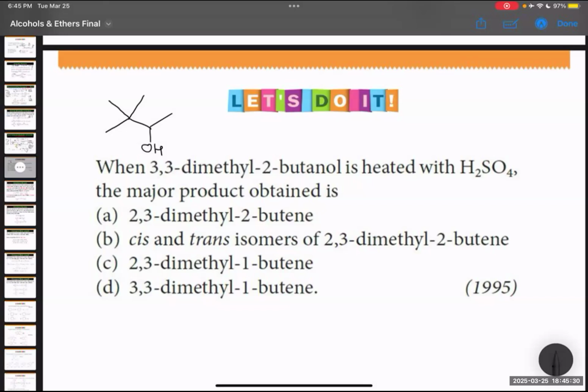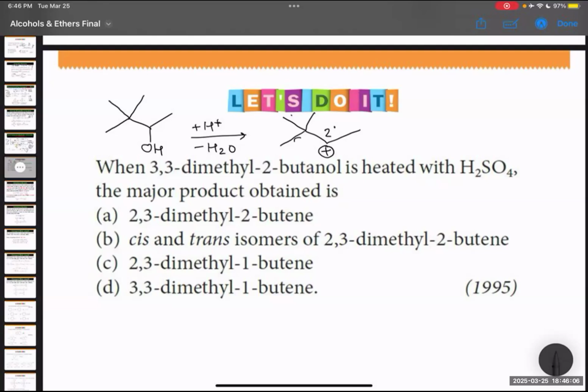Got it? If it is heated with concentrated H2SO4, the OH will get protonated, and I will remove it as water. You will have a cation being formed. This cation is a secondary cation. It is connected on the carbon which has two branches.